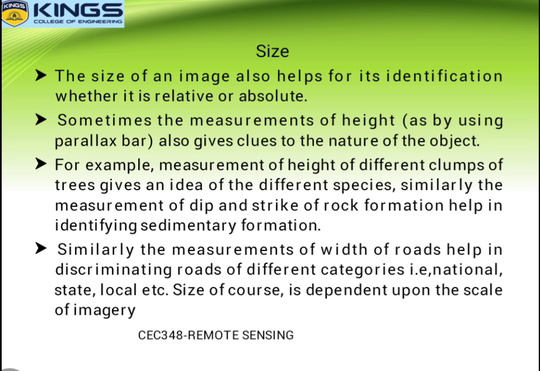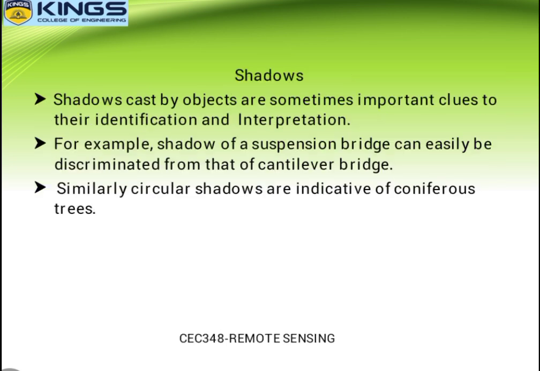Similarly, measurement of dip and strike of rock formations helps in identifying sedimentary formations. Similarly, the measurement of the width of roads helps in discriminating roads of different categories: national, state, local, etc. Size, of course, is dependent upon the scale of the imagery.